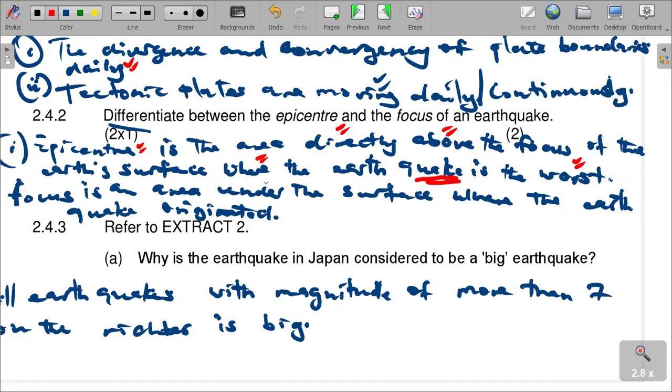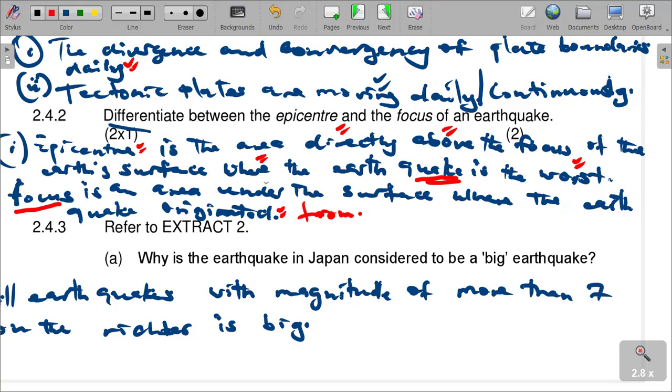Focus is an area under the surface where the earthquake originates. It's an area under the Earth's surface where the earthquake originated from, and we call that the focus.